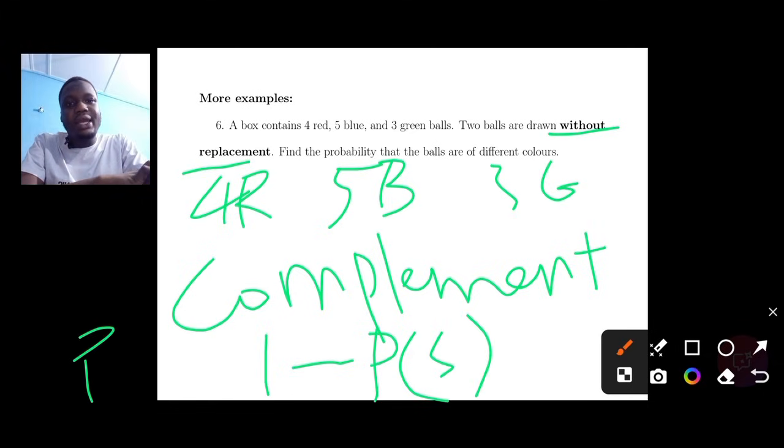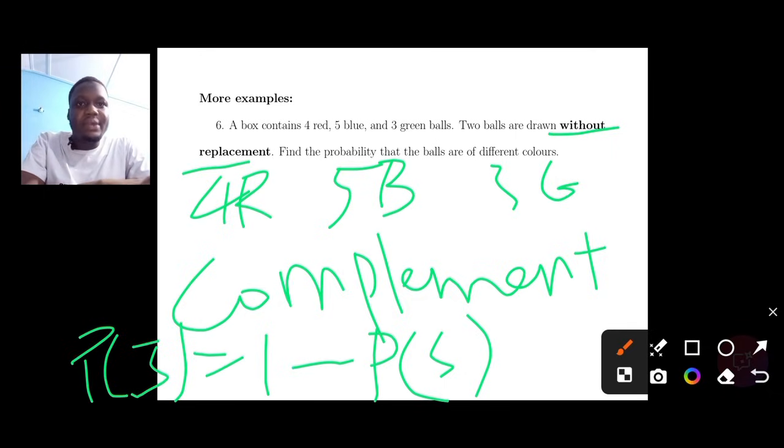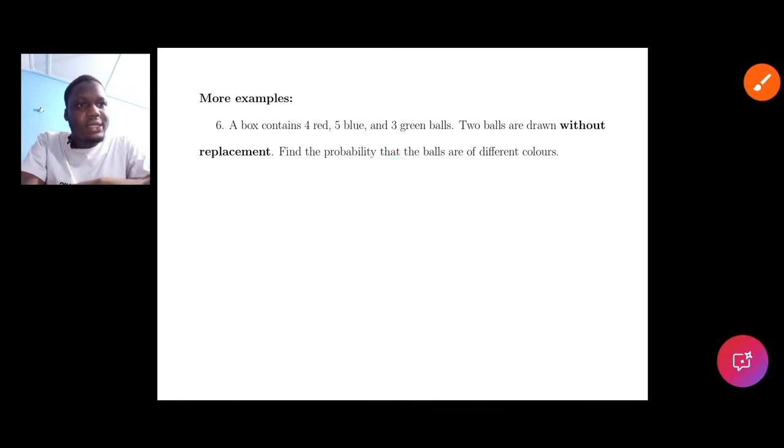So the probability that they are different is 1 minus the probability that they are the same. And it's quick to work with being the same. Okay, good. So let's work it out.